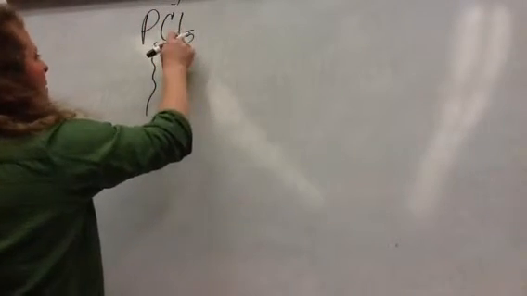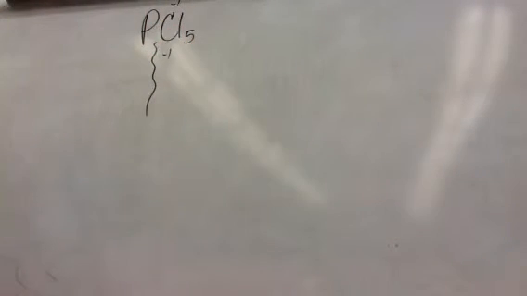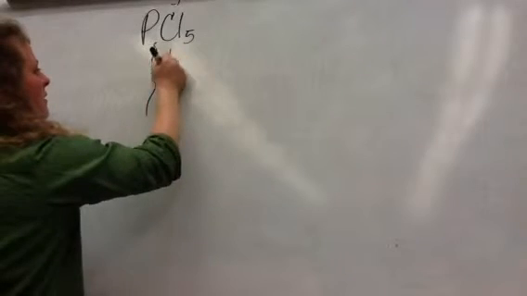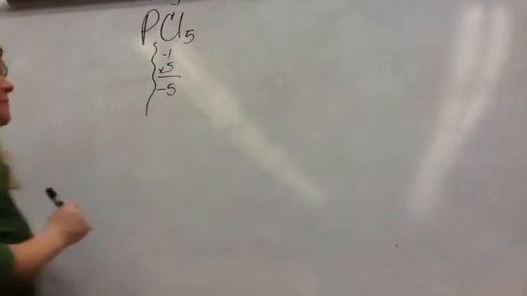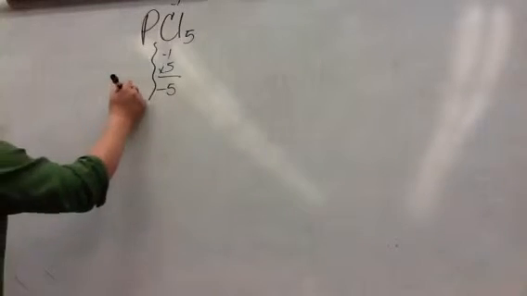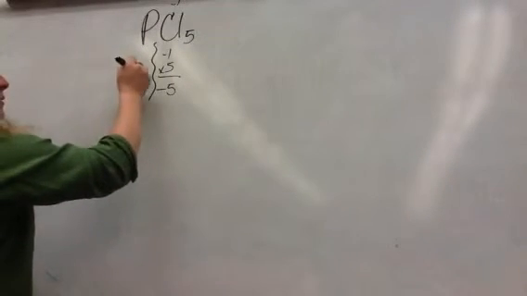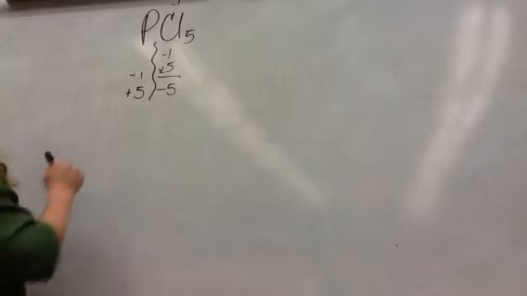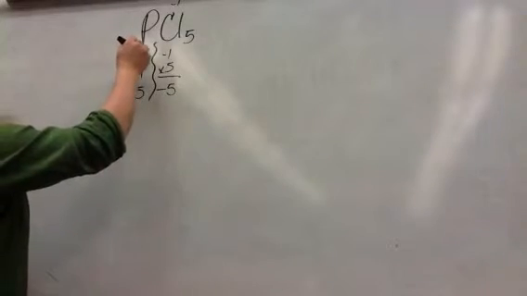So, how many chlorines do we have? 5. Okay. Once again, this is not rocket science level math. We know that we have to have a +5 over here to balance. Well, we only have 1 phosphorus, which means that phosphorus is going to have an oxidation number of +5.